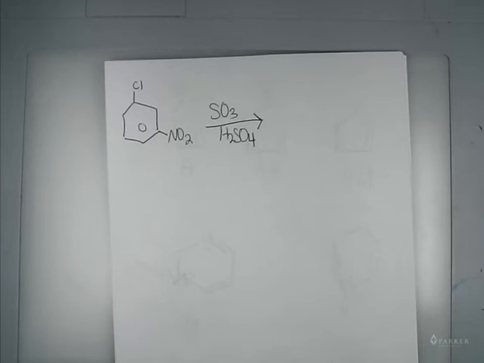And then the least strongest director would be your meta deactivator, because those are very strong deactivators. So between a mild deactivator in chlorine or a very strong deactivator in NO2, which one's most reactive? Chlorine, not NO2. So it can go ortho or para, right?